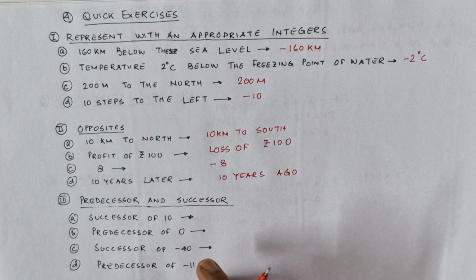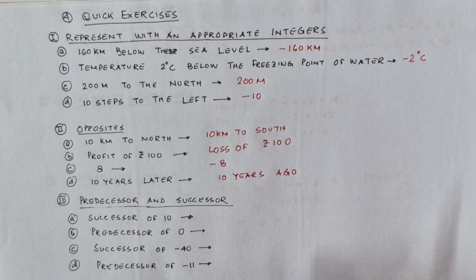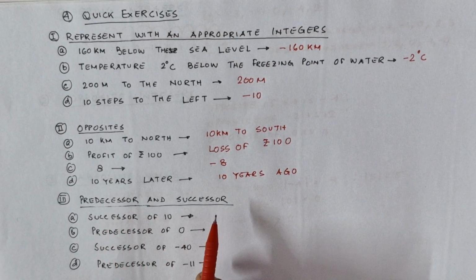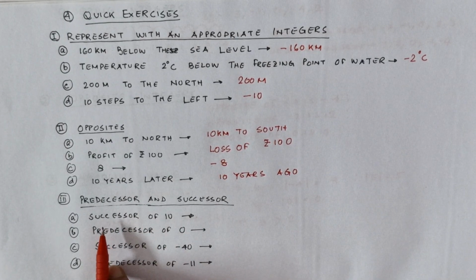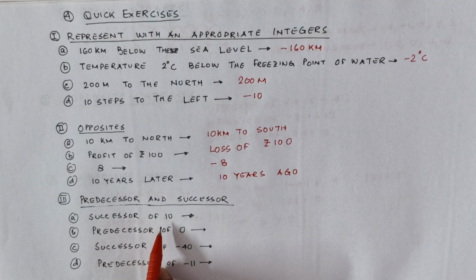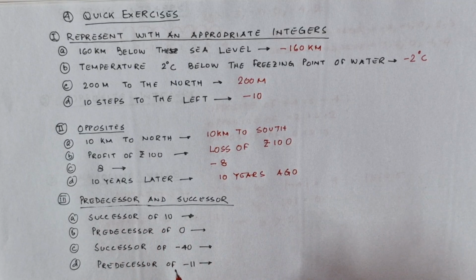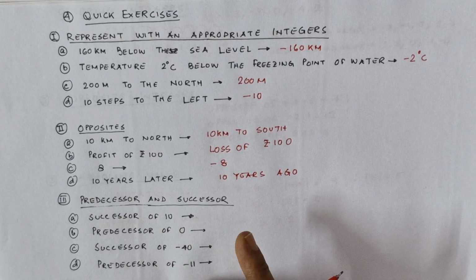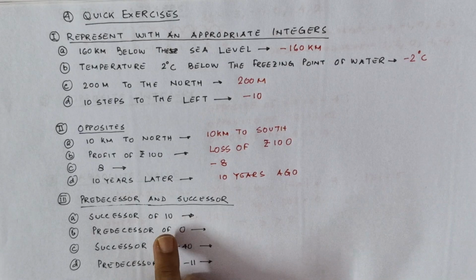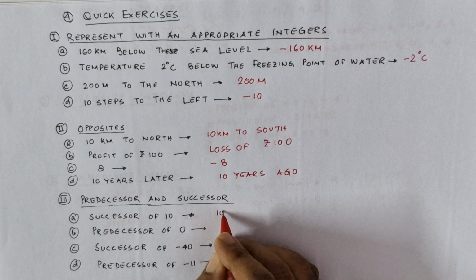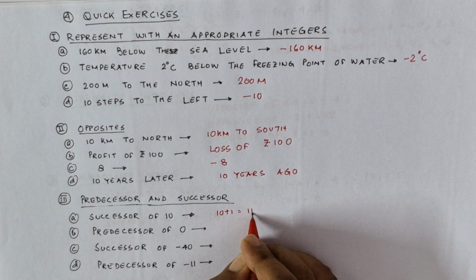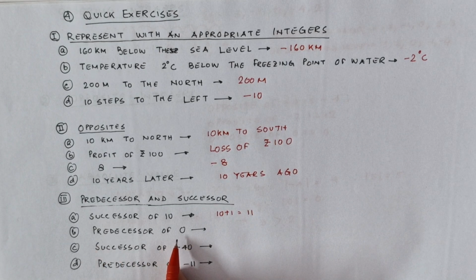Now let's come to the last section of the quick exercises and of our lecture today, that is predecessor and successor. You might be given a question, what is the successor of 10? Very simple. I told you, if you are asked to find the successor, just add 1. So 10 plus 1 is 11. What is the predecessor of 0?